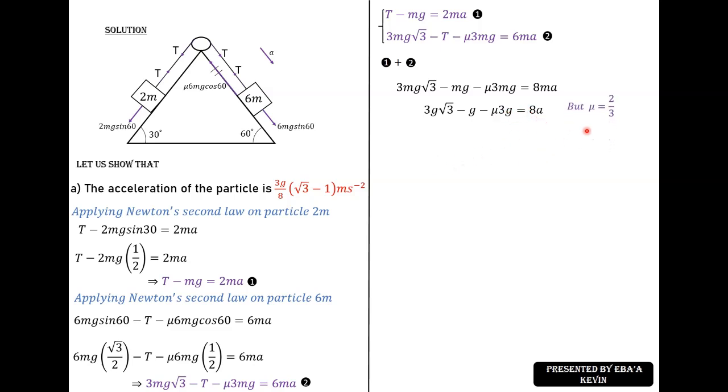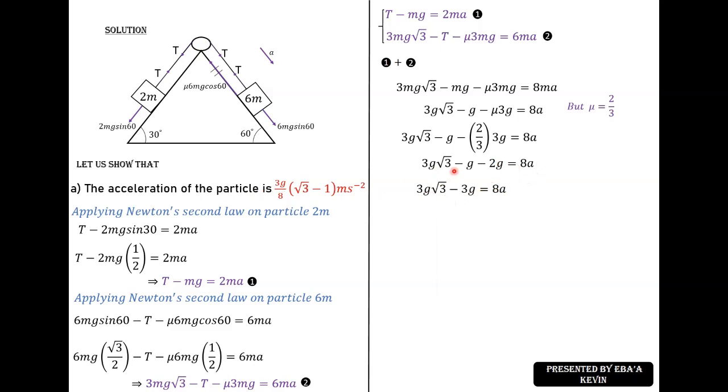Knowing that mu is given, that is, the coefficient of friction between B and the plane is 2/3, we can put it inside the expression. We get 3g times square root of 3 minus g minus 2/3 times 3g equal to 8a. Further simplifying, we get 3g square root of 3 minus g minus 2g equal to 8a.